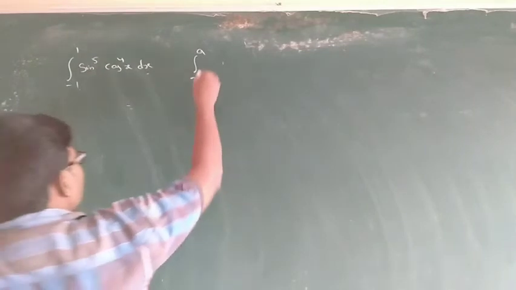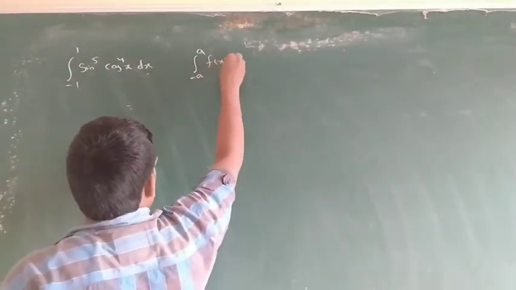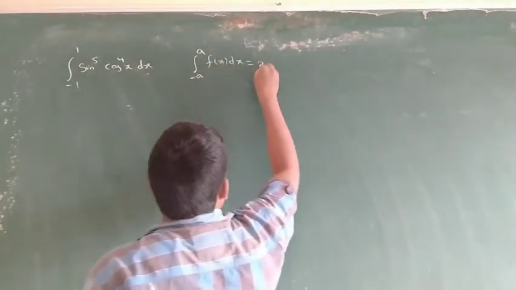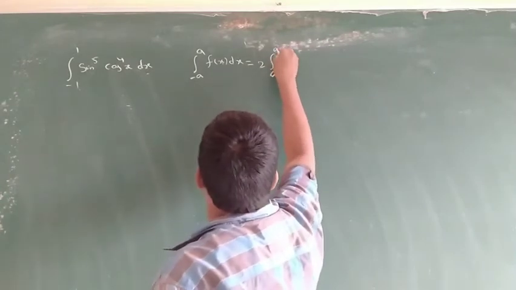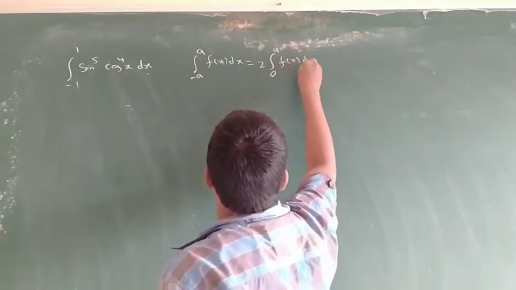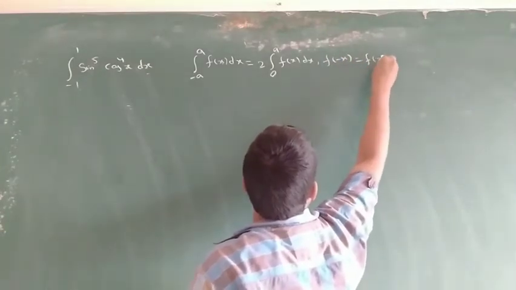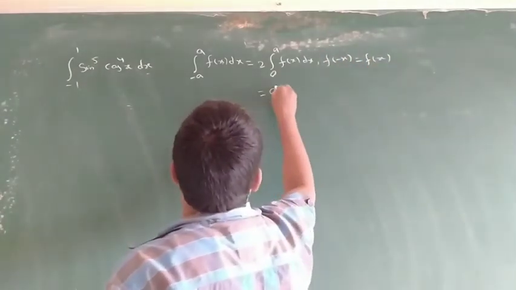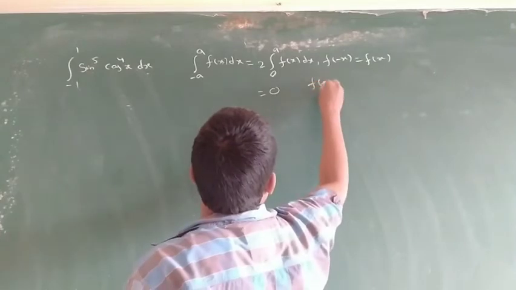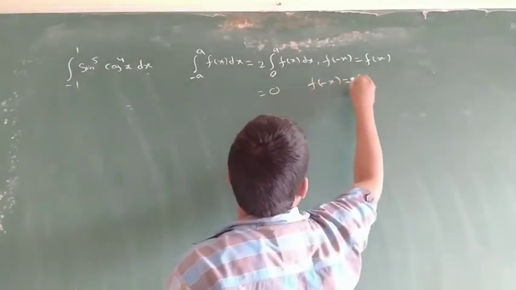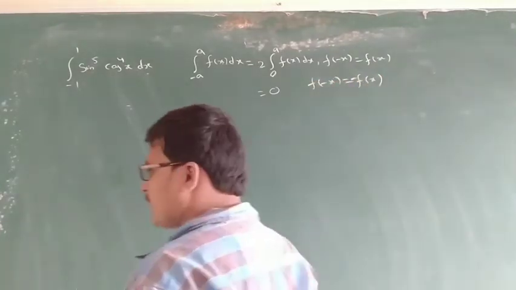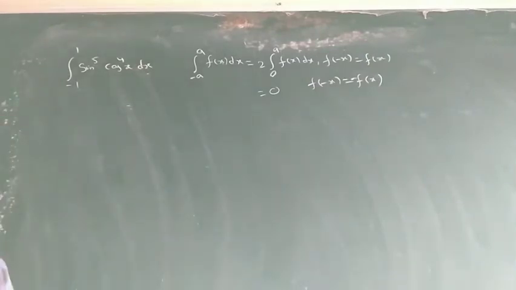Integral minus a to a of f of x dx equals 2 times integral 0 to a of f of x dx when f of minus x is equal to f of x, and equals 0 when f of minus x is equal to minus f of x. Even function, odd function.